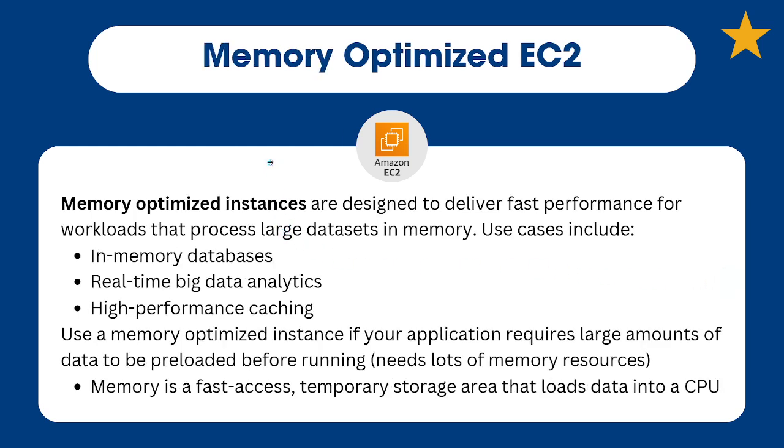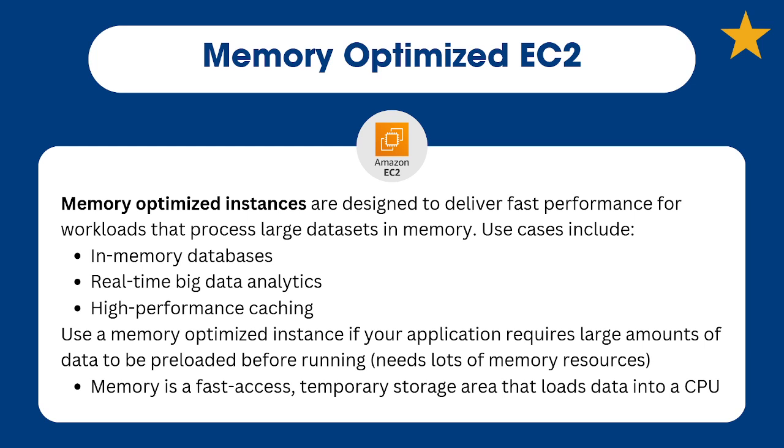Now, what if you need to deliver fast performance? Your databases maybe are getting bigger, but you still want to do data and analytics, discover trends amongst millions of records, and you want to do that quickly. You're going to want a memory optimized EC2. This is designed to deliver fast performance for workloads that process large data sets in memory. Some of the use cases are anything that you want to do very quickly, because remember, memory is all about short term. It's about processing things very quickly.